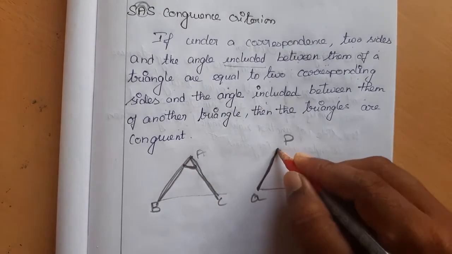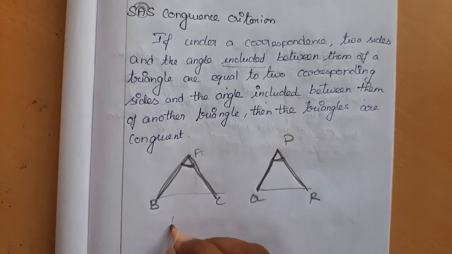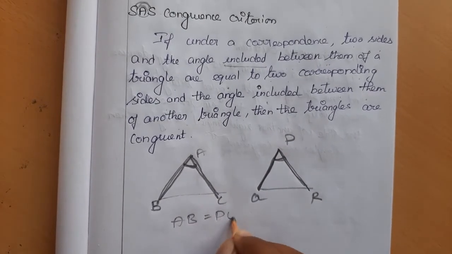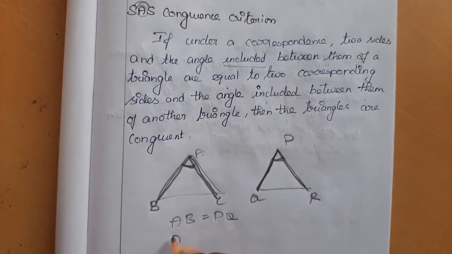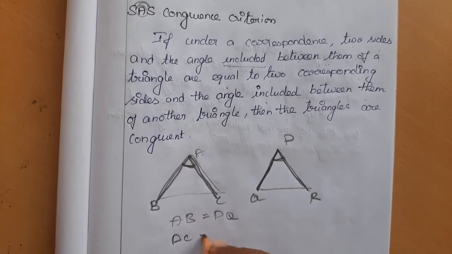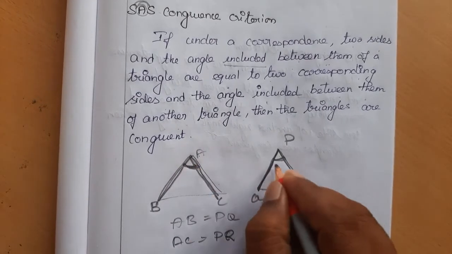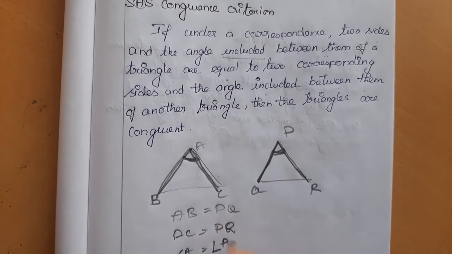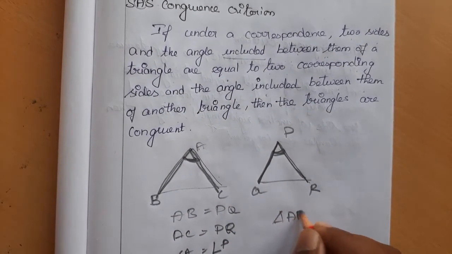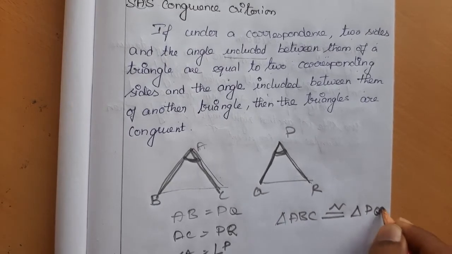Here, what is the included angle? So if AB is equal to PQ and side AC is equal to side PR, and the included angle here is A and the included angle there is P, if angle A is equal to angle P, then triangle ABC is congruent to triangle PQR.